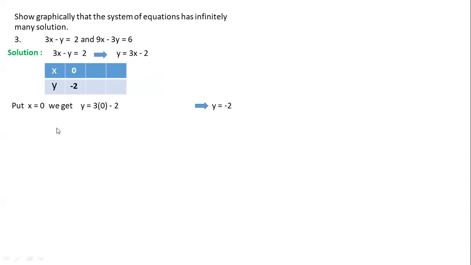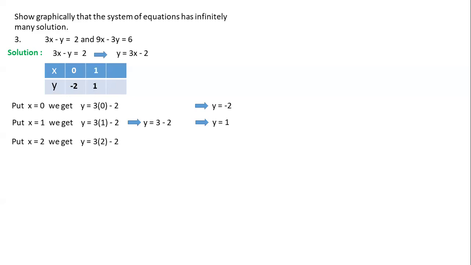Next, put x is equal to 1. 3 ones are 3. 3 minus 2, you get y is 1. So x is 1, y is 1. Next, x is 2.